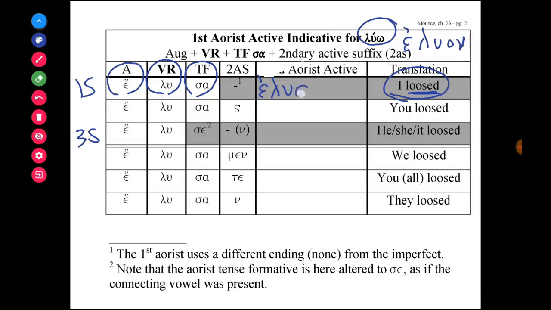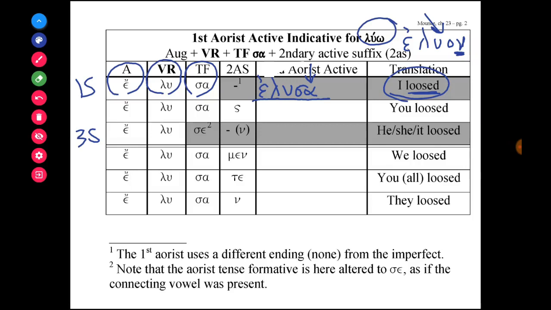We take the tense formative sa, that's a sigma and alpha, and there's no connecting vowel because the tense formative already provides a vowel, the alpha. So you don't need to add a connecting vowel. And instead of adding a nu, as we would expect for the imperfect, we're adding nothing to it, and so this is the form. So ἔλυσα, that's how I would say I loosed.